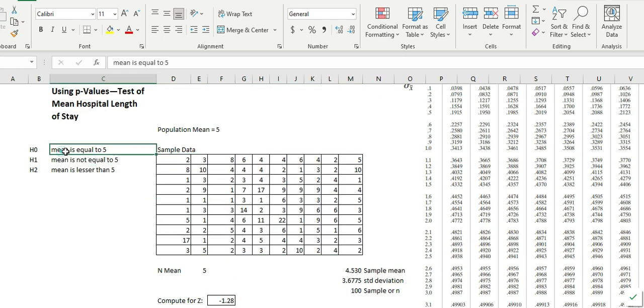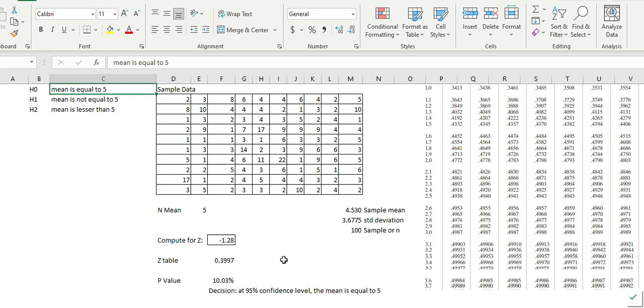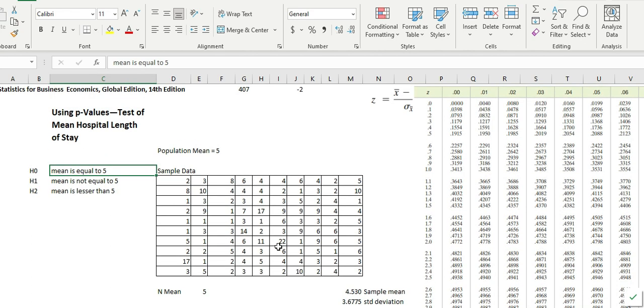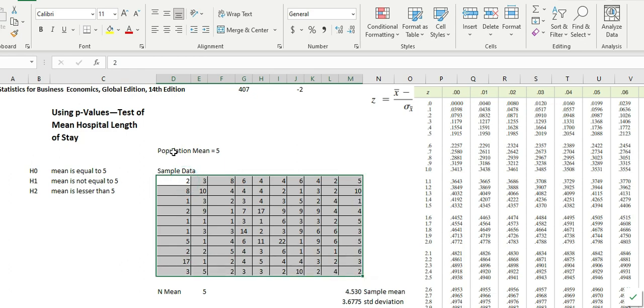So that's how to compute the sample from a hospital. The population mean for the hospital stay is 5 days, usually 5 days they stay there in the hospital. Researchers conducted a sample of at least 100 people and interviewed them, and these were the data from the 100 people.